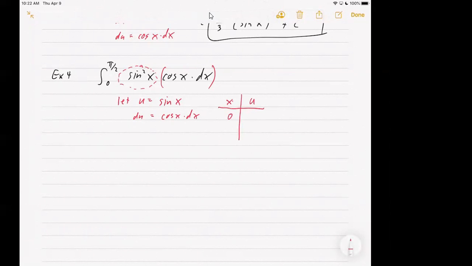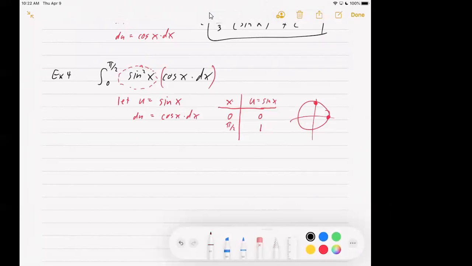When x is 0, u is, remember, the sine of x. The sine of 0 is 0. When x is pi over 2, u would be the sine of pi over 2, which is 1. If you forget, I often do, just real quickly, look at the y values at 0 and pi over 2, and those will give you the limits for x.